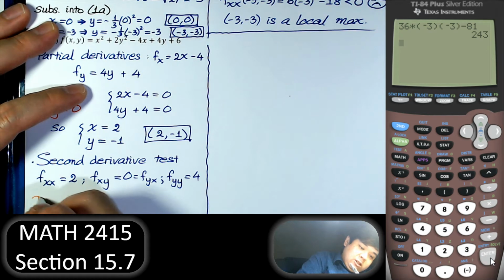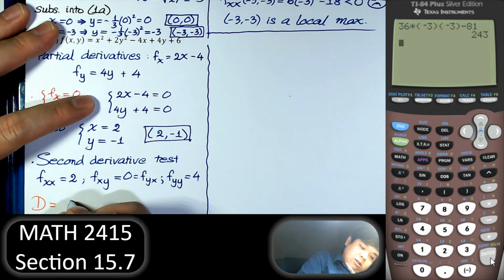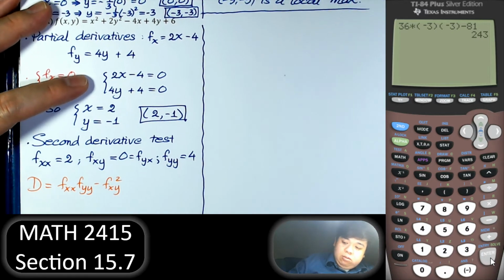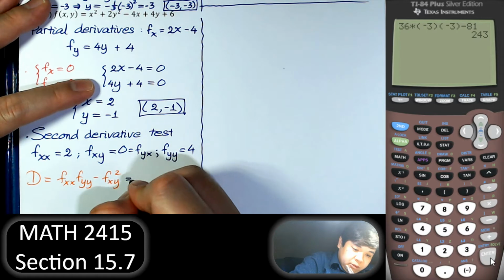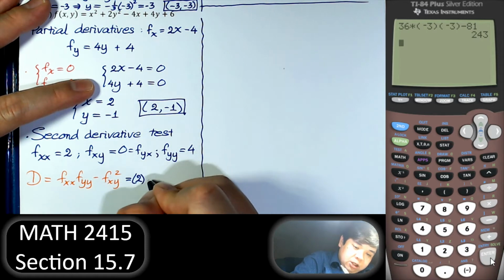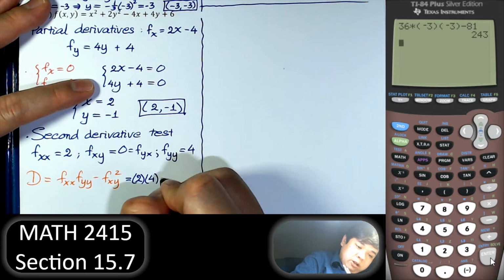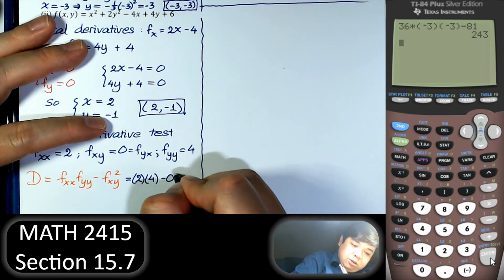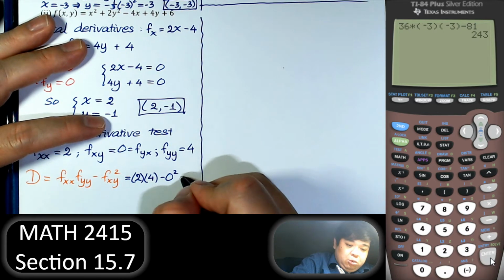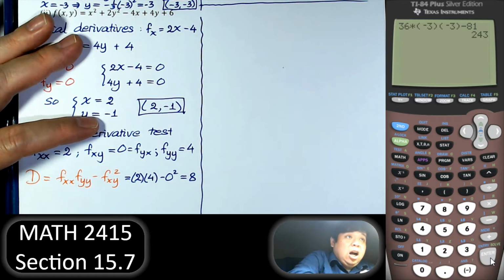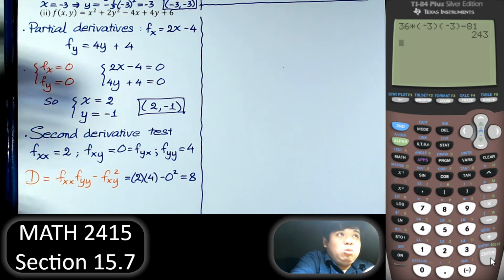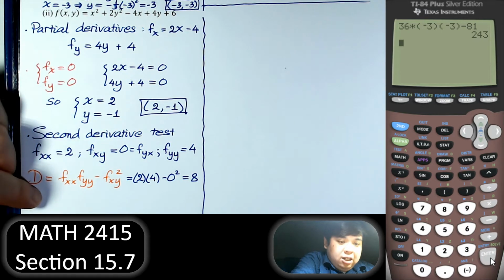Discriminant: two times 4 minus 0 squared, so it's going to be 8. Notice there's no x and y here, so we just say this is positive, 8.